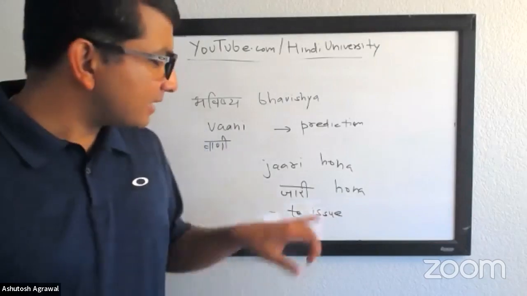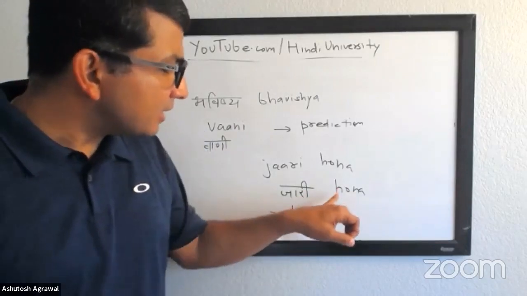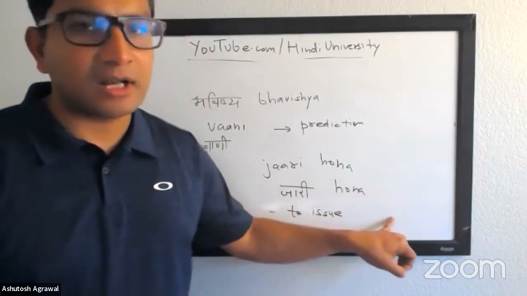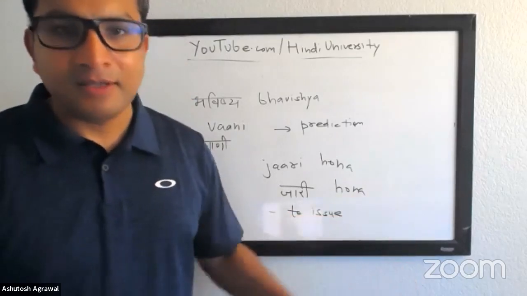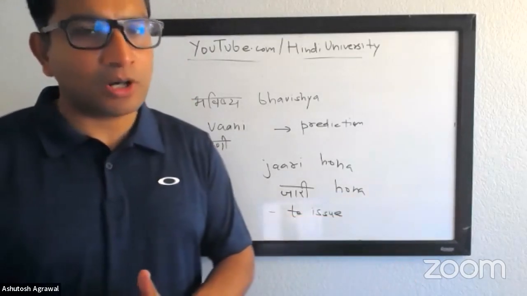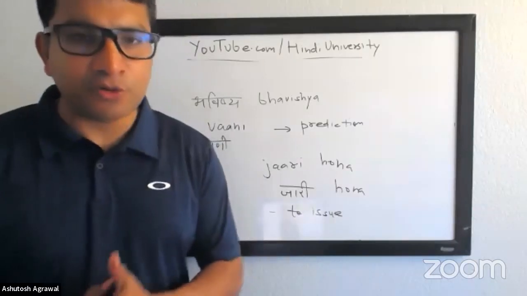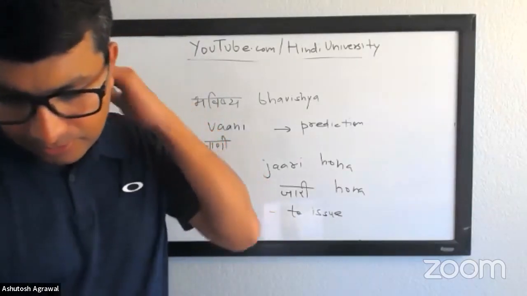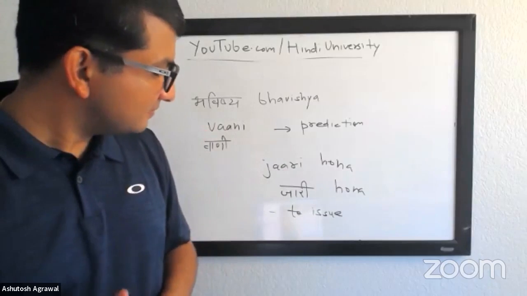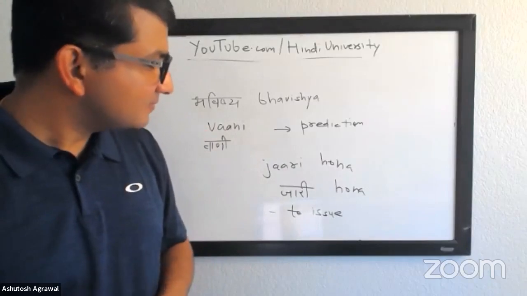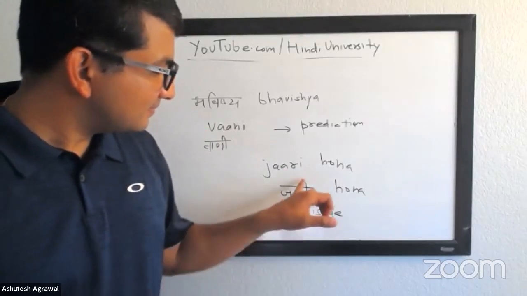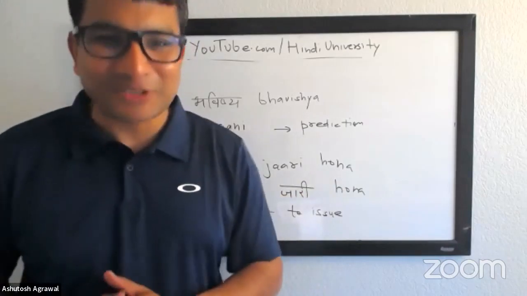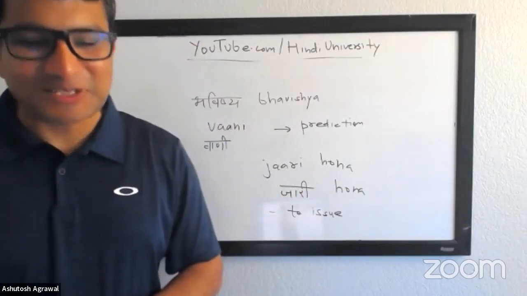So then it says identity card jari nahi ho saka hai. Try to make sense of it. What are they trying to probably imply, even if you don't know the word to word? So like the first semester is about to end, but they still haven't issued ID cards. That's absolutely correct.